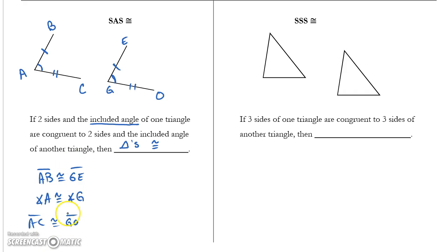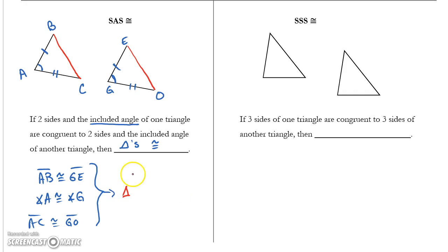Those 3 things allow me together to make a conclusion. That conclusion is this third side, there's only one possible length for it, which gives me two triangles. That allows me to conclude that those triangles are congruent.